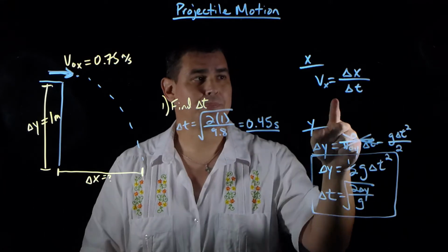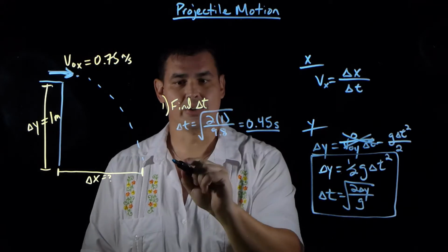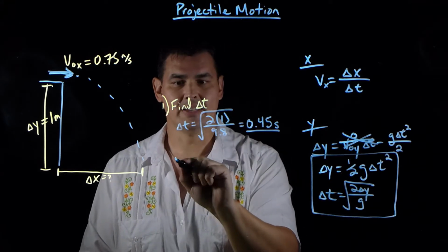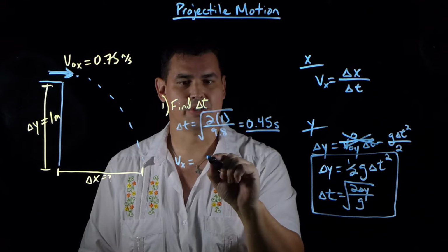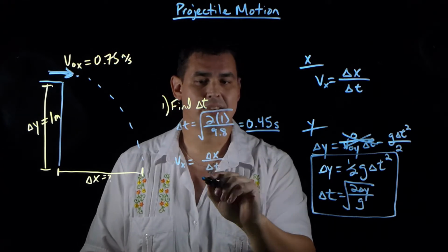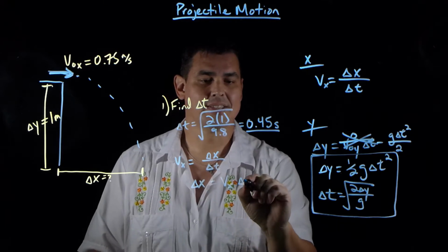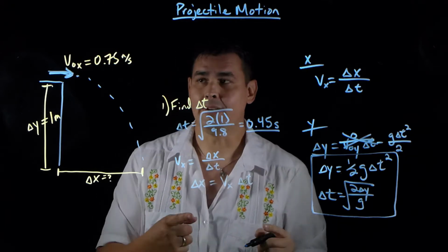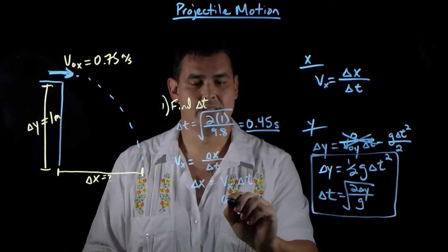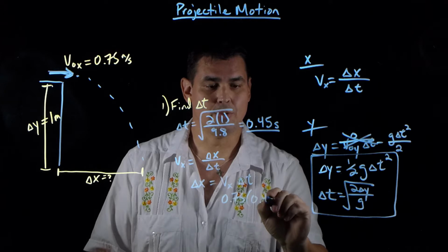If I want to solve for distance, I can just rearrange that equation. So if velocity in the x direction is delta x over delta t, that means that delta x is going to be velocity in the x times my time. And my x velocity is 0.75, and my time I just said was 0.45.